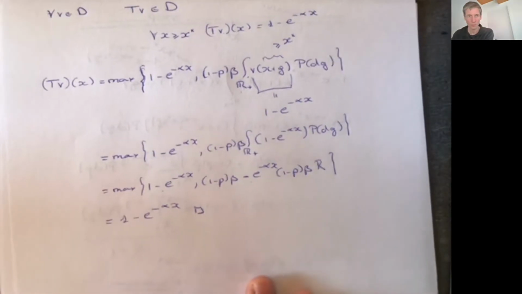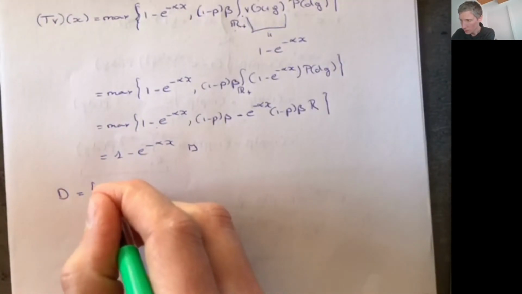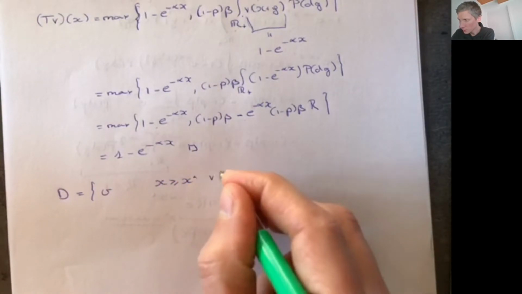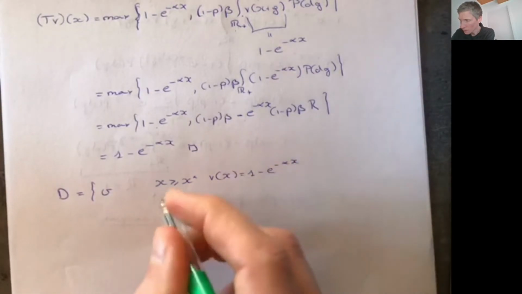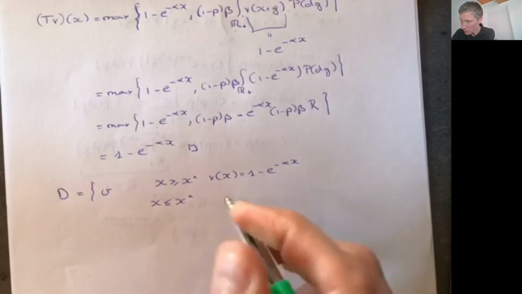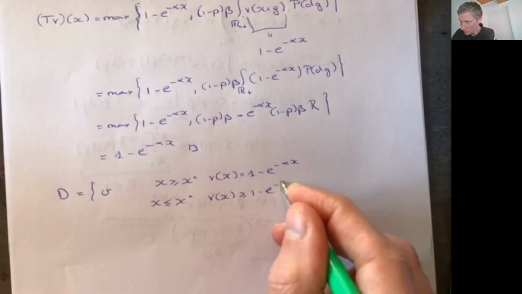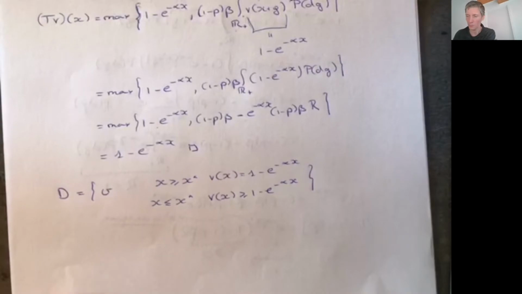So for the second part of the proof, we're going to start from another set. I'm also going to call it D. This is going to be the set of functions such that if x is bigger than x star, then I'm going to stop. And if x is smaller or equal to x star, then I'm going to assume that v of x is greater or equal to 1 minus e to the minus alpha x, so at least it's going to be better than to stop.